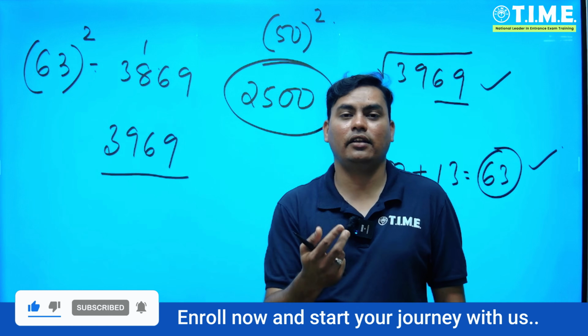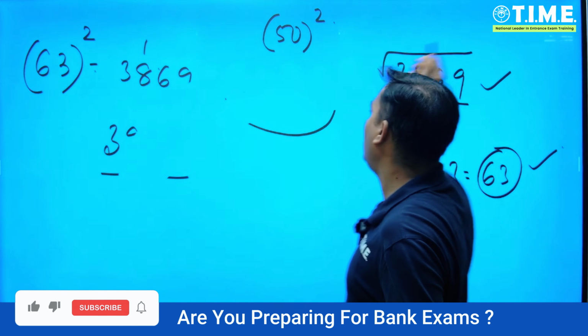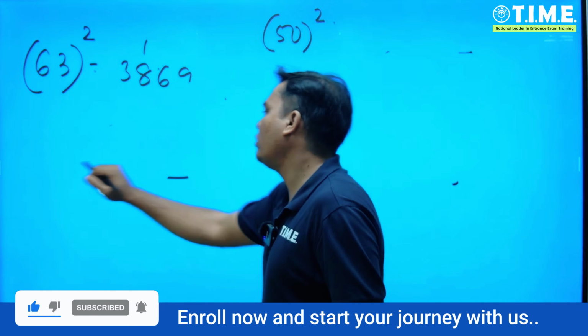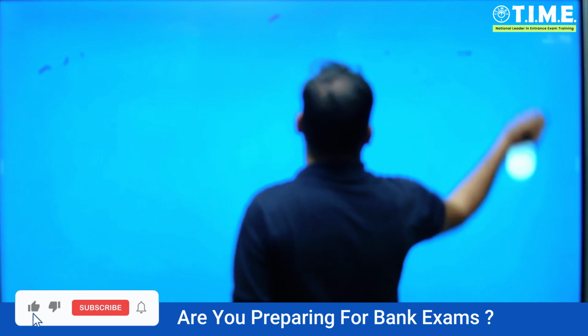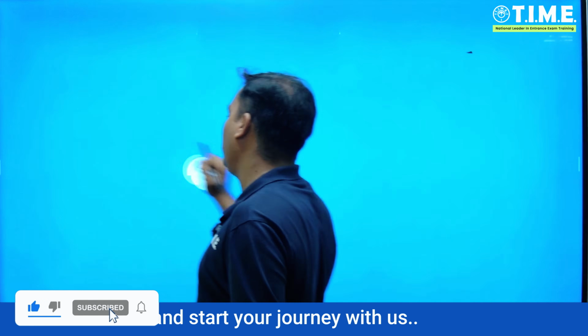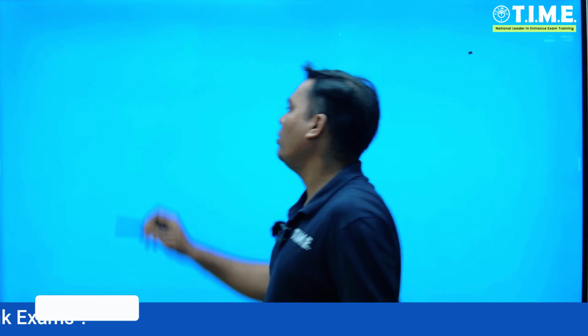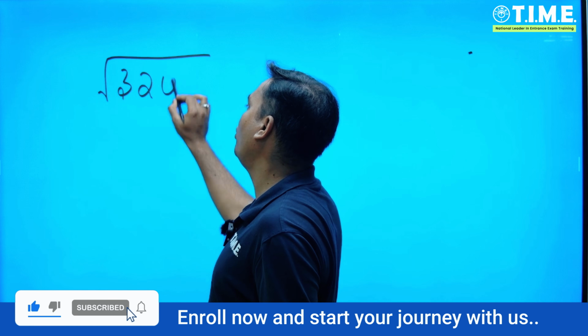In the next session, I'm giving you homework. Please try to comment the answer without using a pen. The first question: square root of 3249.